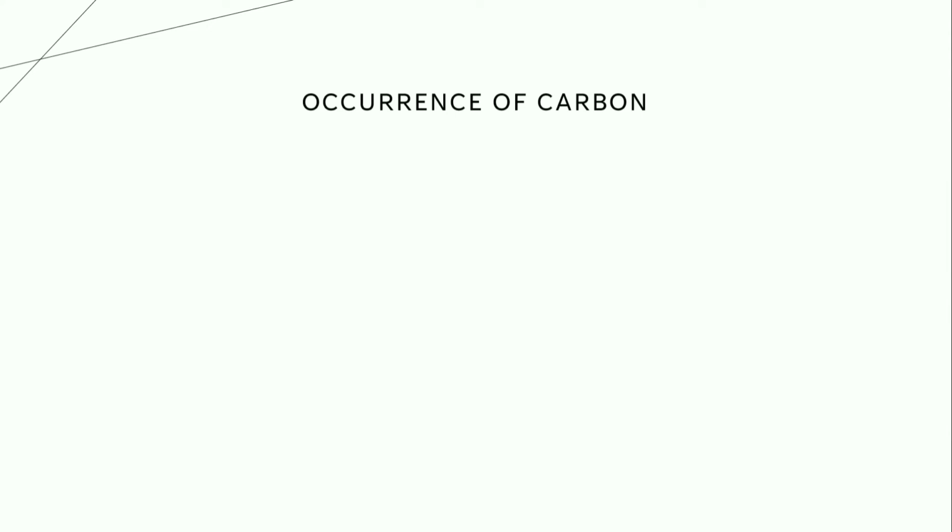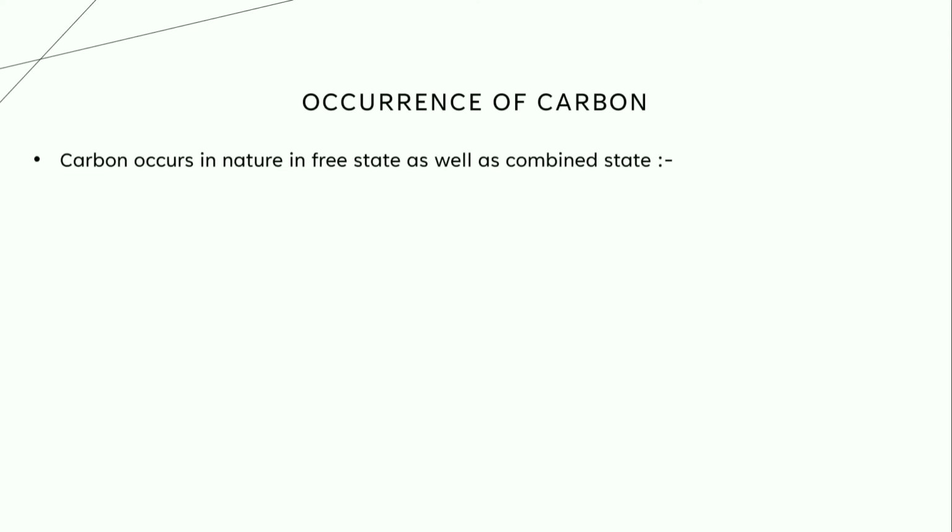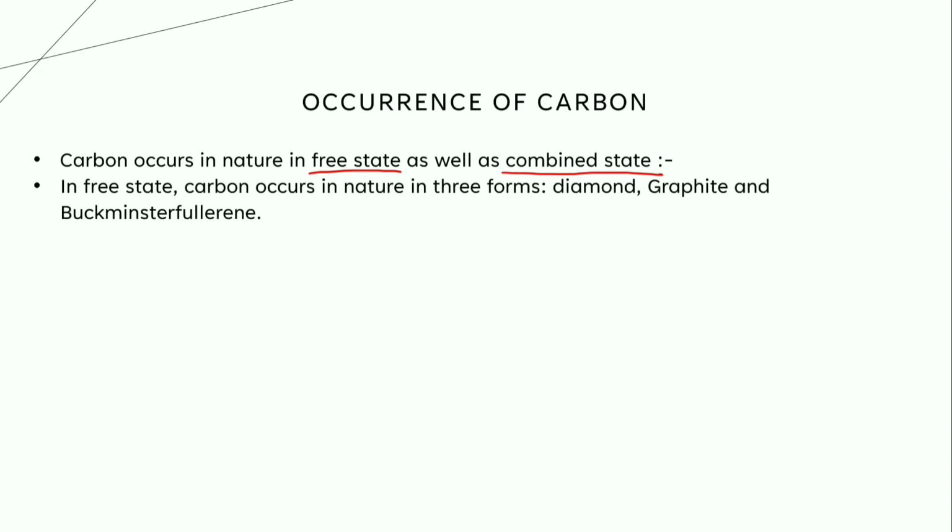Next, occurrence of carbon. Carbon occurs in nature in free state as well as combined state. In free state, carbon occurs in nature in three forms, that is diamond, graphite, and Buckminster fullerenes.